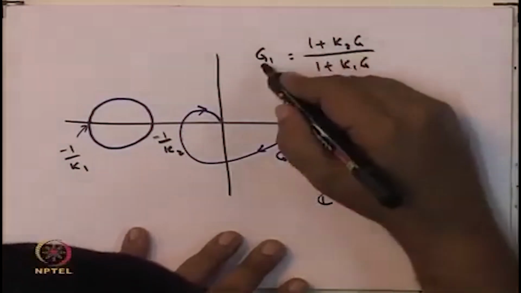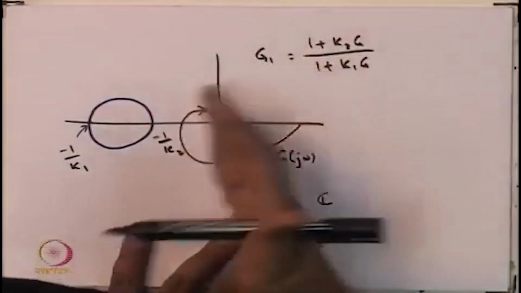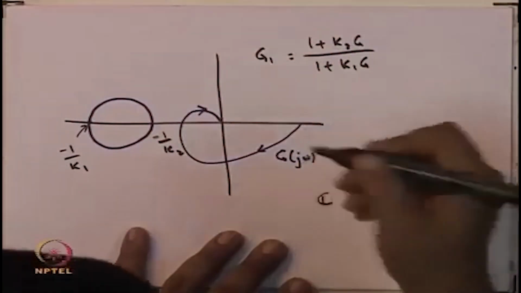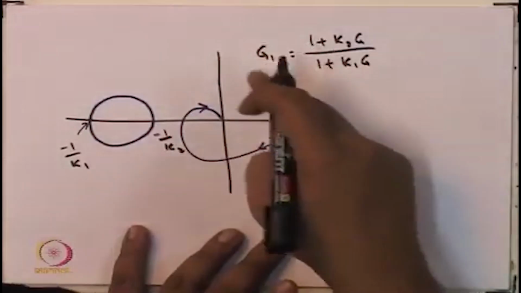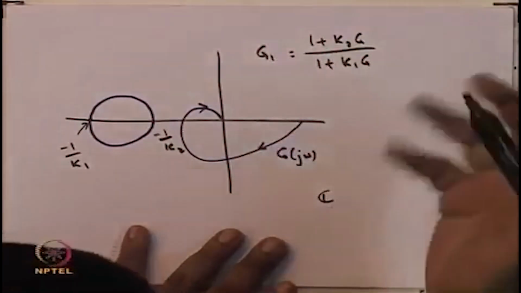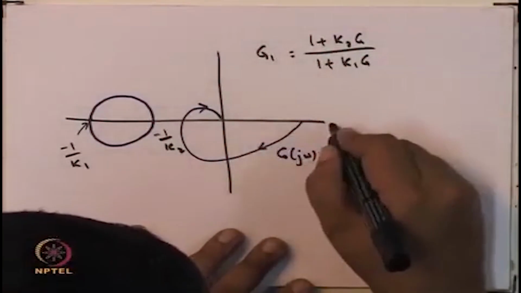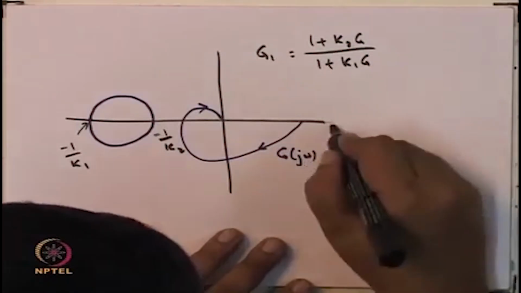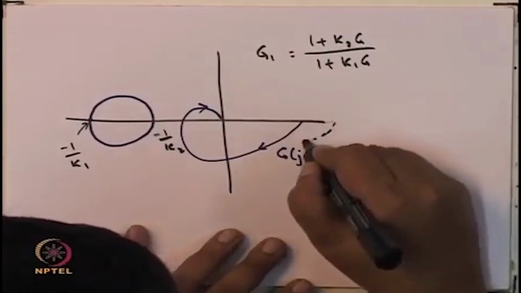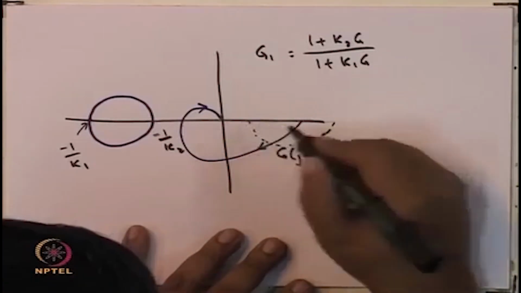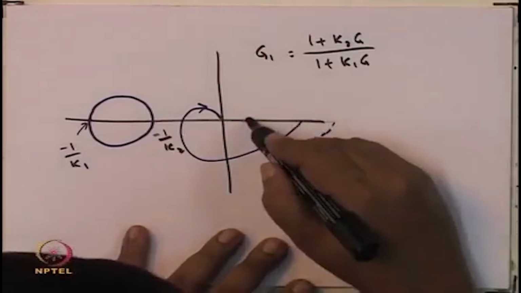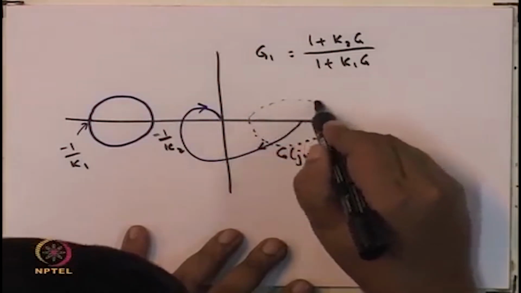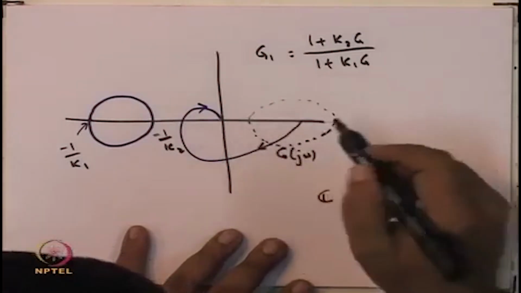But when you do this mapping of G1, in this particular case I wouldn't know what the Nyquist plot of G1 looks like, but let's suppose that it looks something like this. Now, of course, this would be the other half of the Nyquist plot.